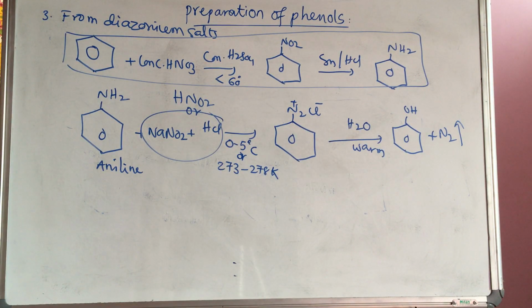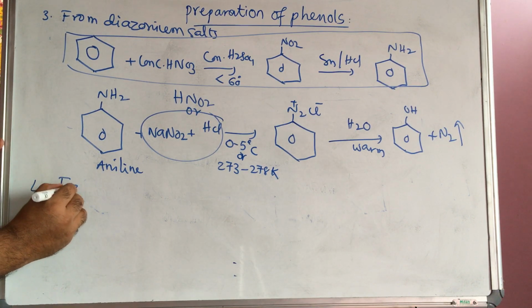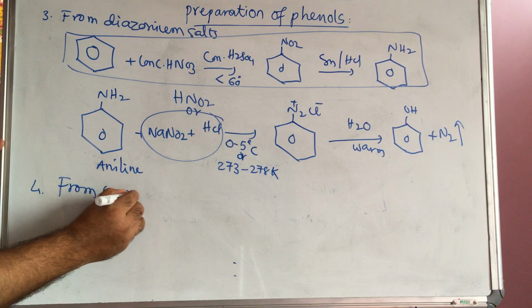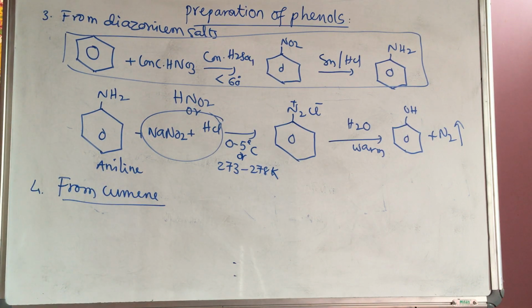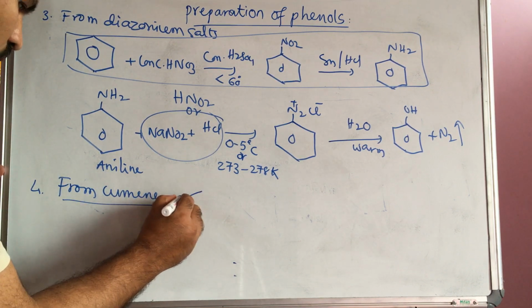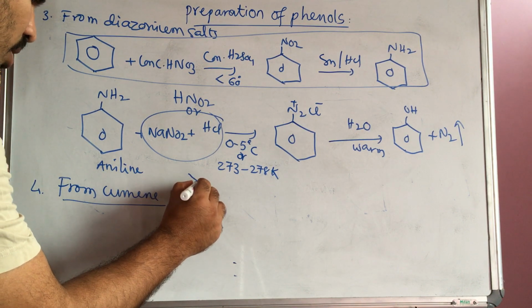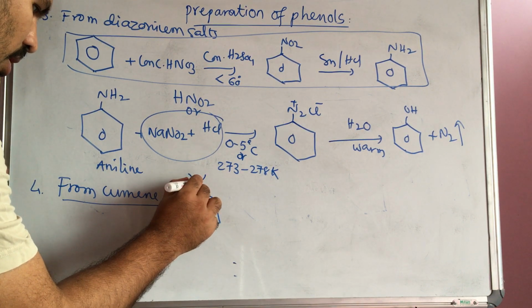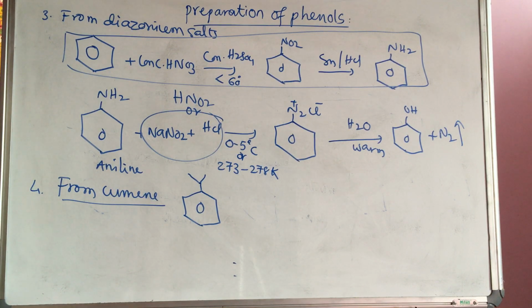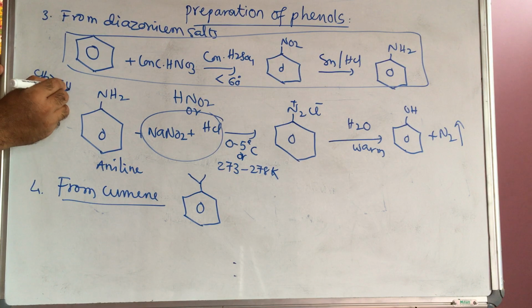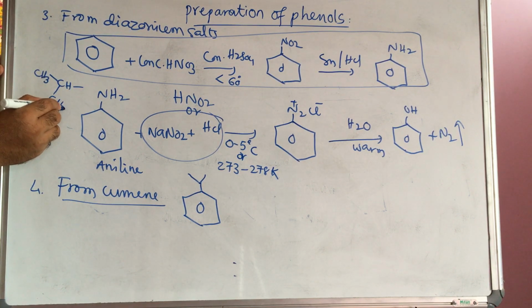After this, the very important fourth method is from cumene. First we should know what cumene is. Cumene is nothing but isopropyl benzene. In the last class I told you about CH3, CH, CH3.